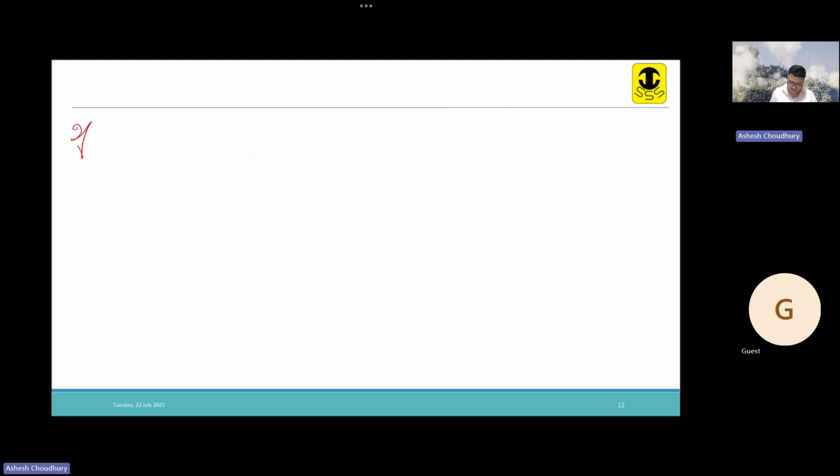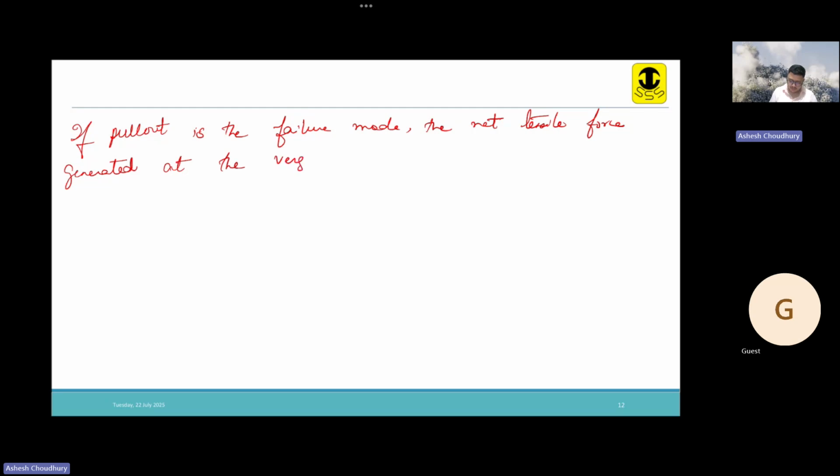If pull out is the failure mode, the net tensile force generated at the verge of failure is mu Br B cos theta by SV, which is this.